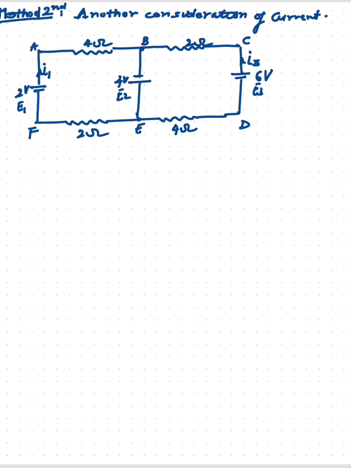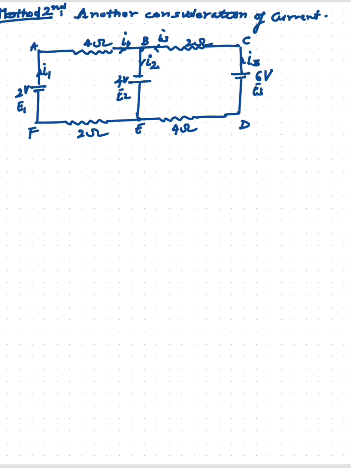So the different consideration is that I assume from battery E1 the I1 current flows from F to E or A to B, and from battery E3 the I3 current is flowing. Then at junction B, I1 and I3 combine, and then they flow here. So I2 direction will be this.